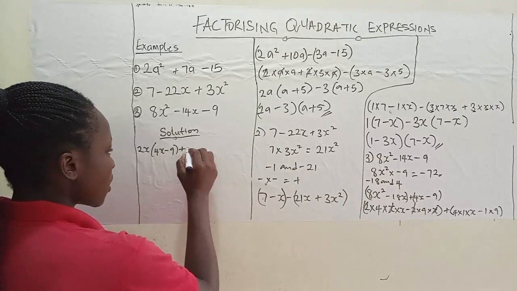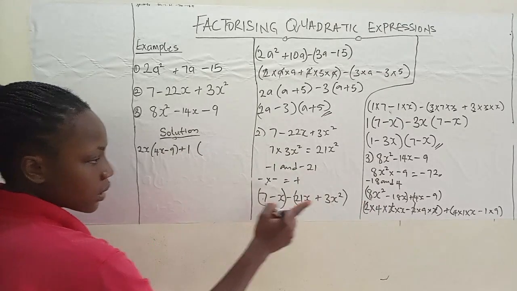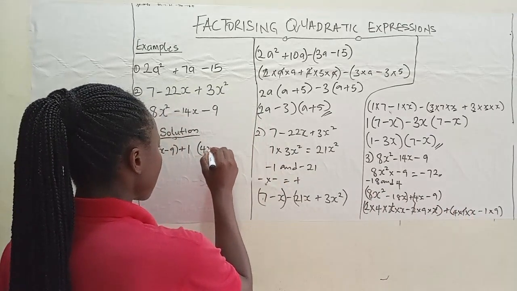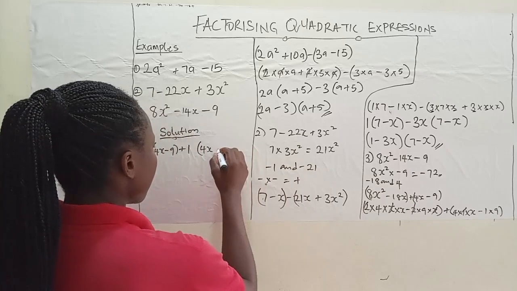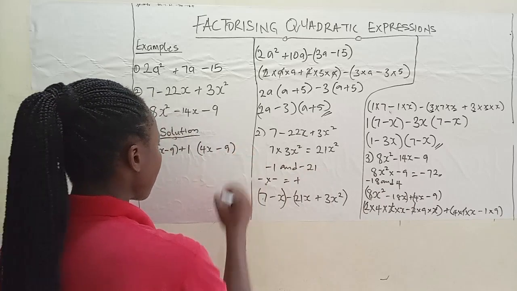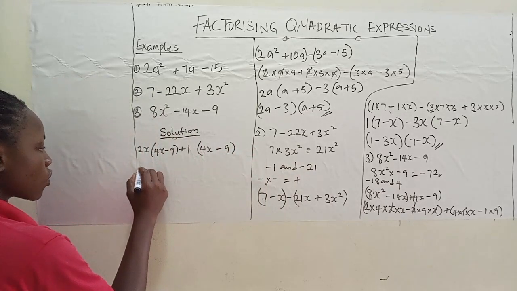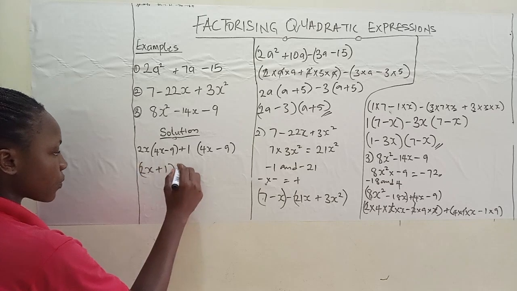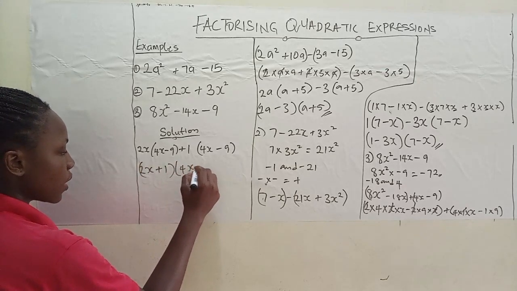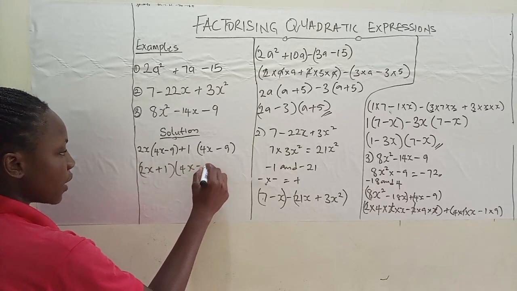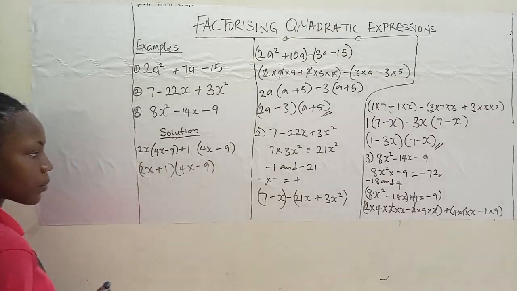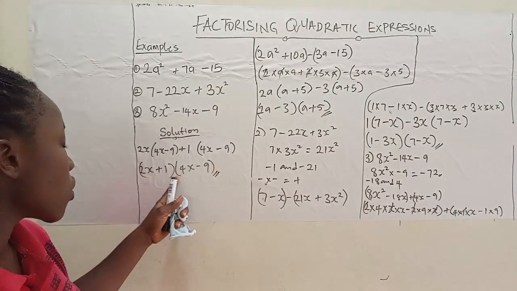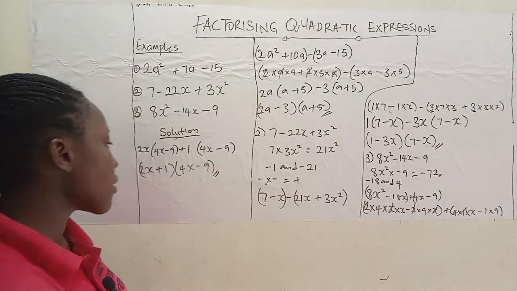So the common factor there is 1. Here is remaining 4x, and there is remaining minus 9. So we are going to have 2x plus 1, 4x minus 9. Okay, that is the final solution to this example.